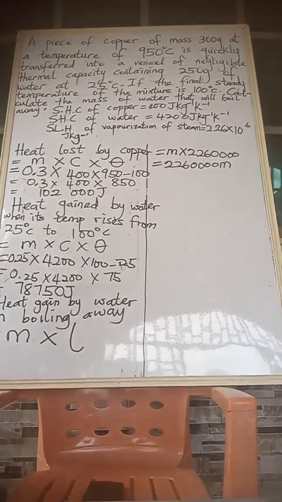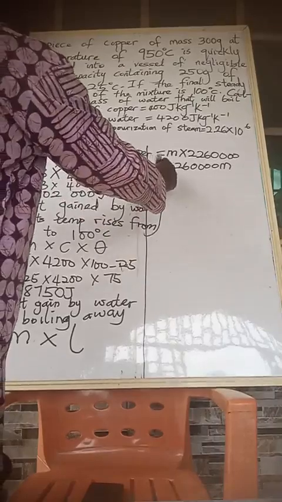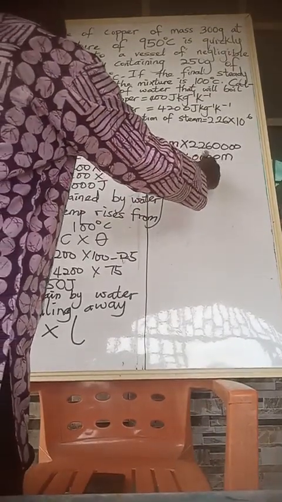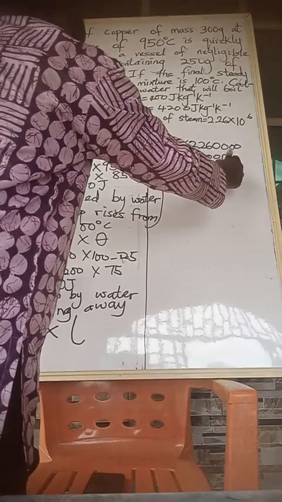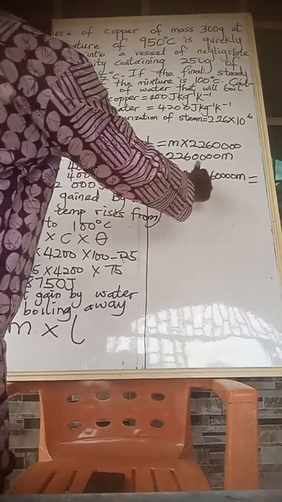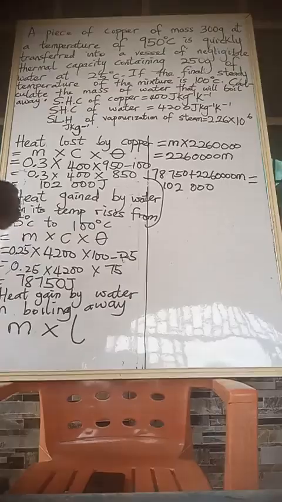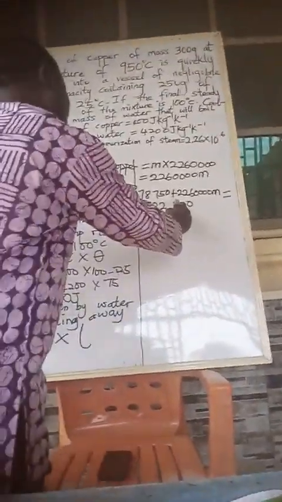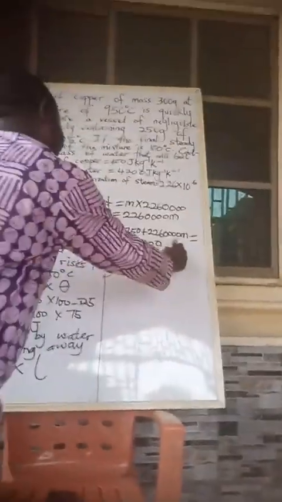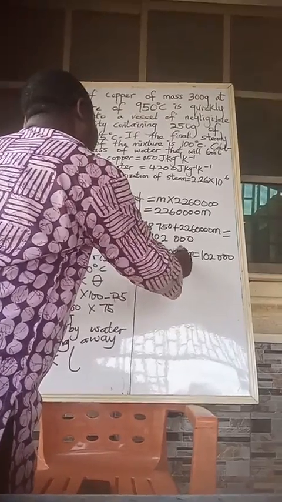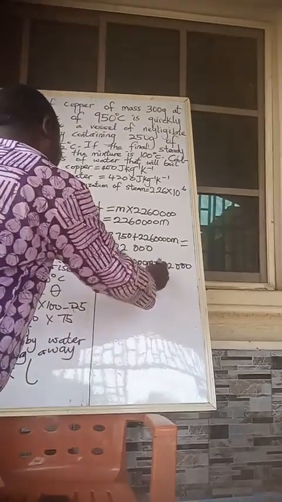Now if you apply the principle of mixture, the total heat gained is equal to the total heat lost. So the total heat gained is 78,750 plus 2,260,000 M, which is equal to the total heat lost, and that is 102,000. Therefore, we want to collect like terms. 2,260,000 M is equal to 102,000 minus 78,750.